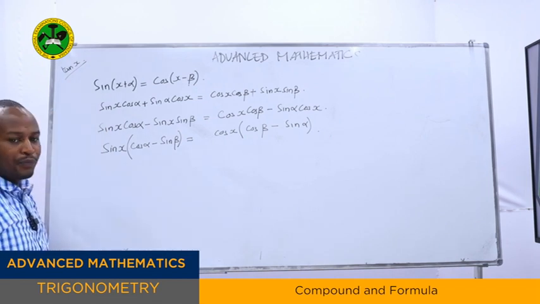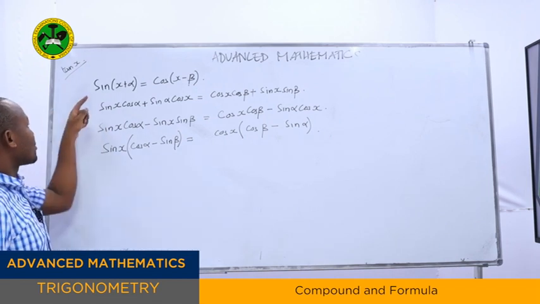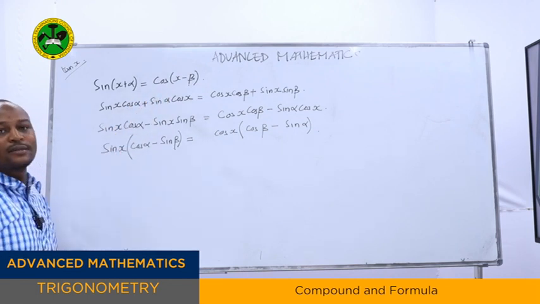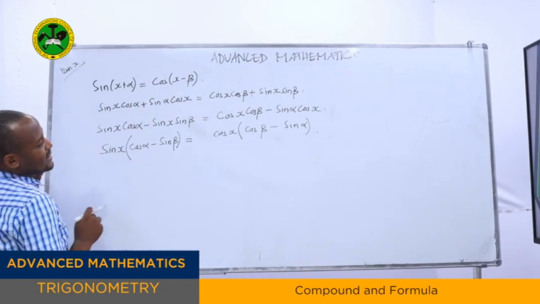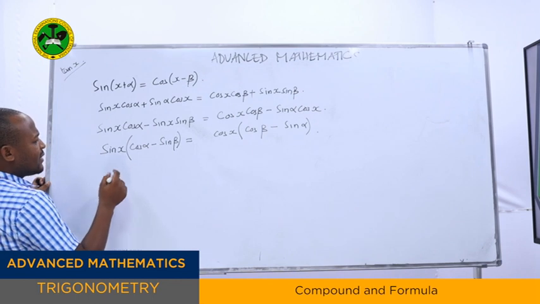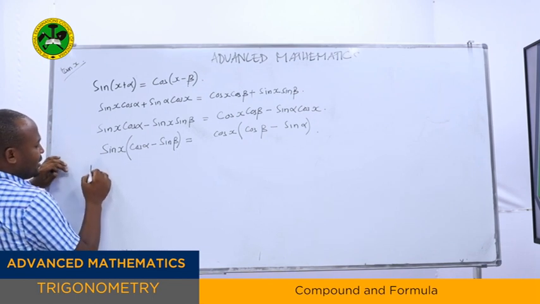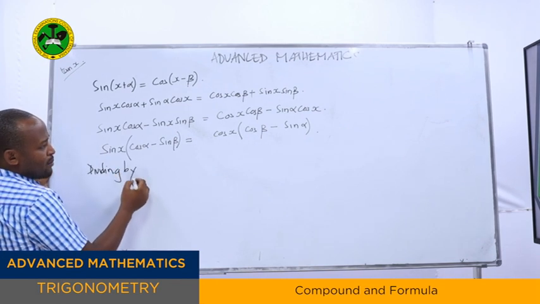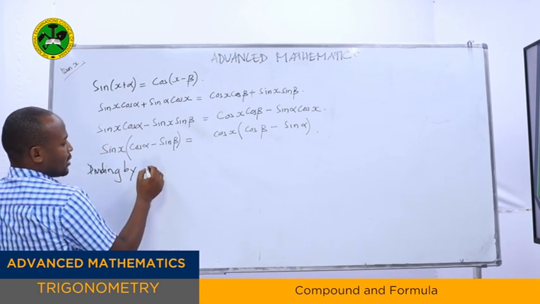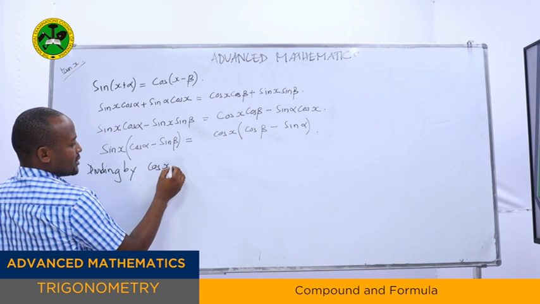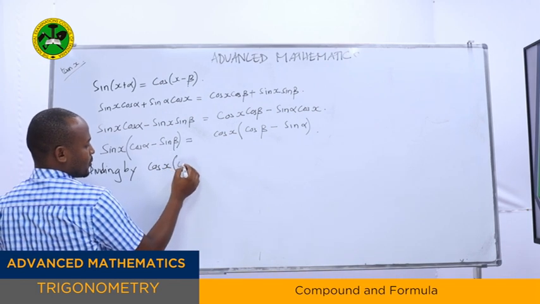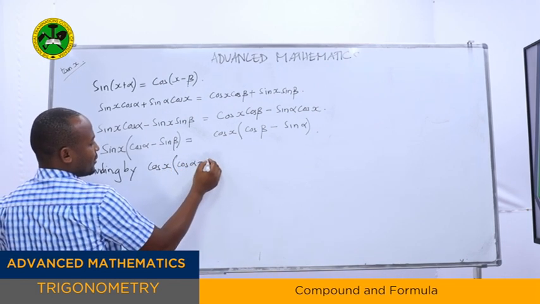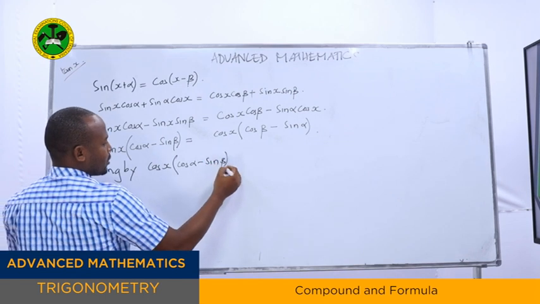And remember, we are told that we are supposed to find this one. So how do we do that? Okay, now let's see. Can we divide by the factor cos x times cos alpha throughout?